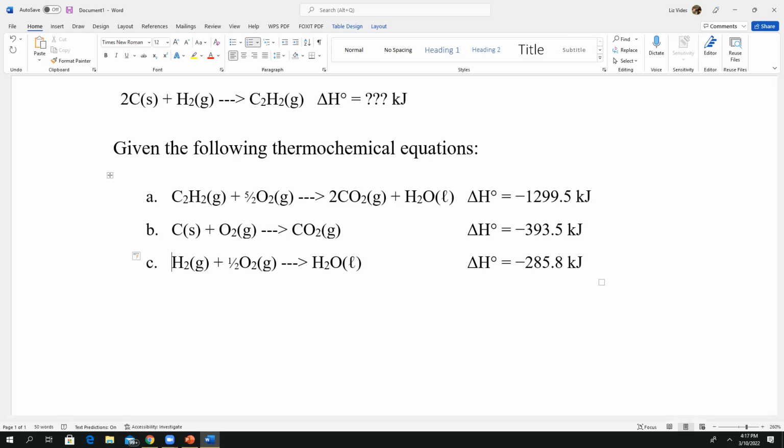Okay, the bottom one. And you might want to write down what you did to this reaction on the side, just so that you don't forget what you did to it.